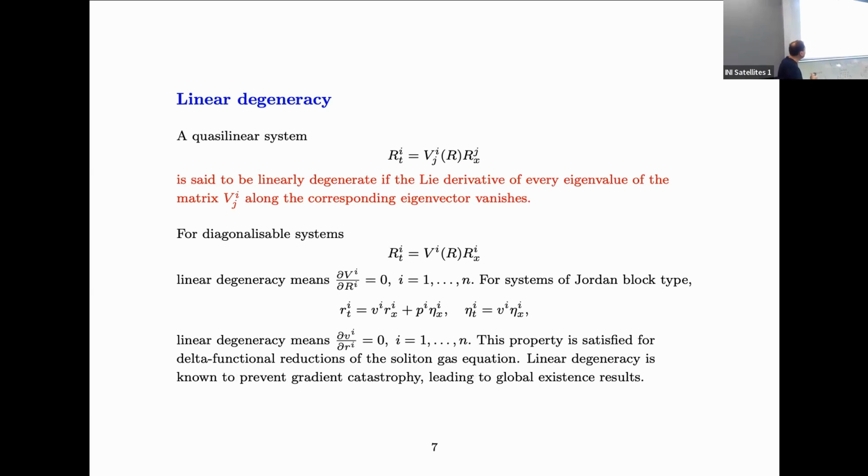And in general, linear degeneracy prevents a breaking of initial data. So it's known to lead to global existence results. At least this is true for delta functional reductions, and Benjamin would know this much better than me. Probably it's true that the full kinetic equation has global existence results. Is this true? Yes. Okay.